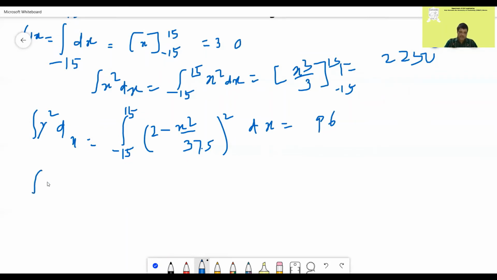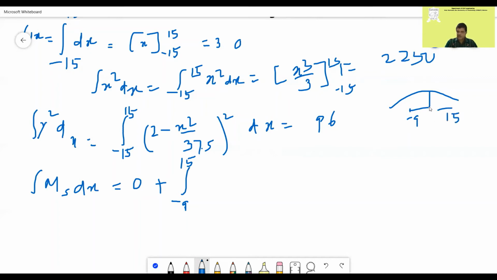Now do Ms dx. So Ms dx will be 0 for the portion AD, and for the portion DB, minus 9 to plus 15. So we are taking this as the origin, right? From here to here it is minus 9, from here to here it is 15. So the variation will be minus 9 to 15. If you are taking x from here, then it will be x plus 9, the moment at any distance from here.